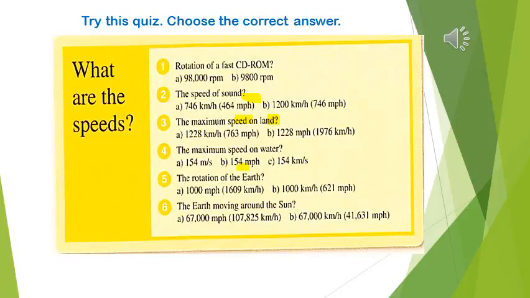So I hope you listened very carefully to the audio and know the exact answer. So here are the answers of these 6 questions, and let's move to the next slide.